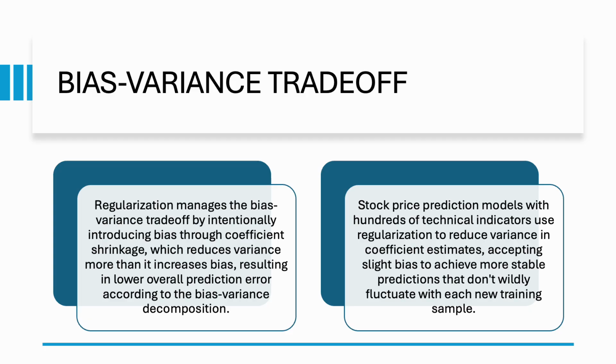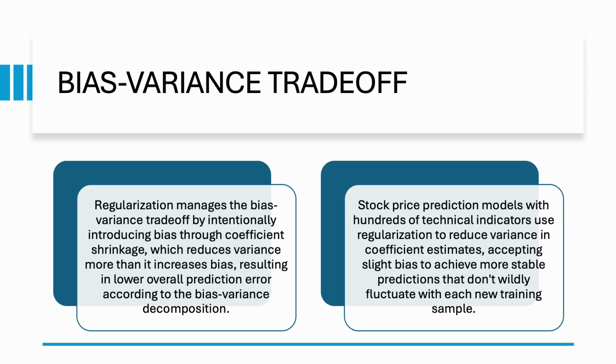The bias-variance trade-off. The bias-variance decomposition provides the theoretical foundation for understanding why regularization works. Expected prediction error can be decomposed into three components: irreducible noise, which is Bayes error; bias, which is systematic error from model misspecification; and variance, error from sensitivity to training data.